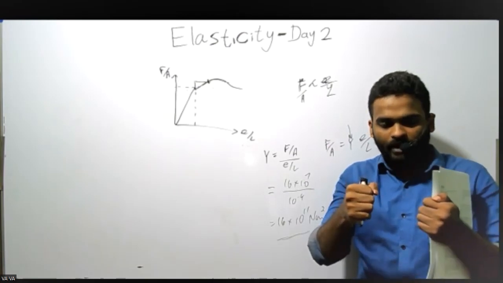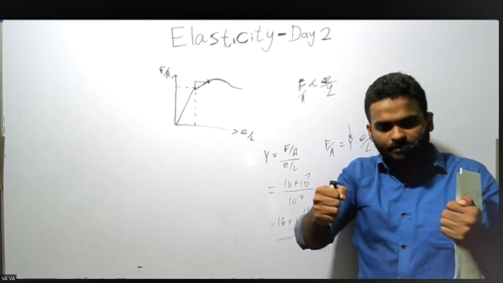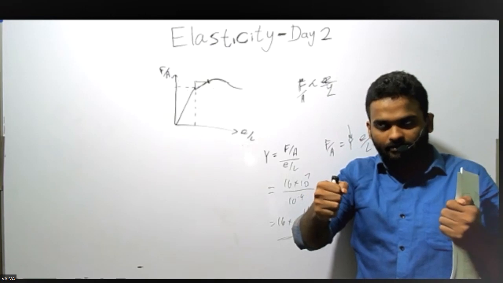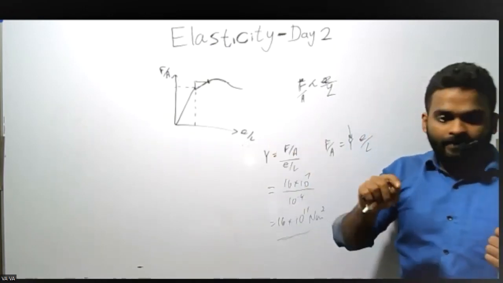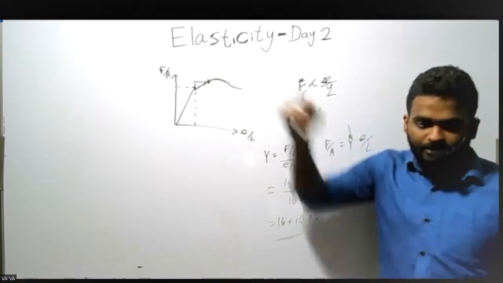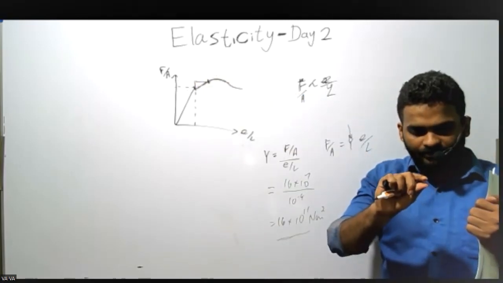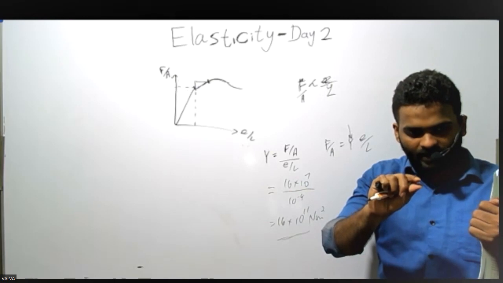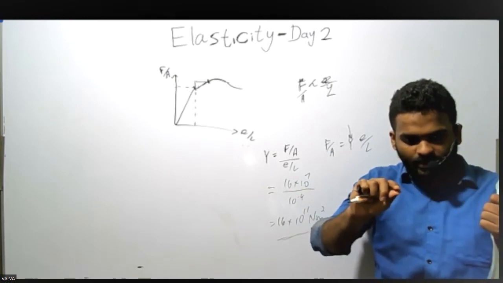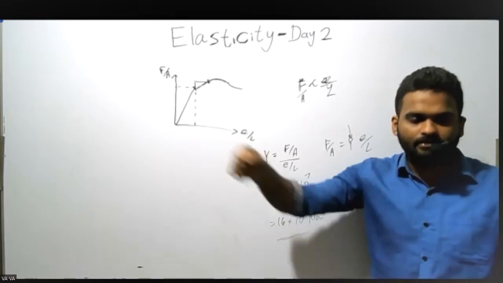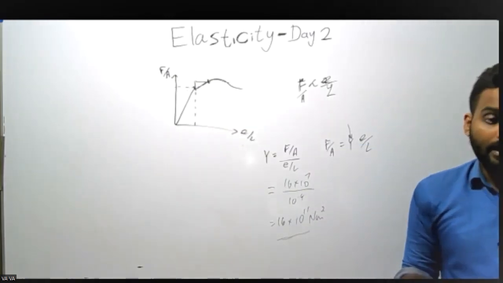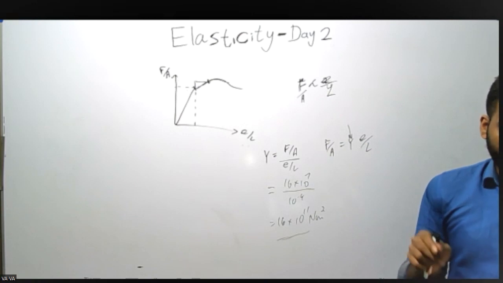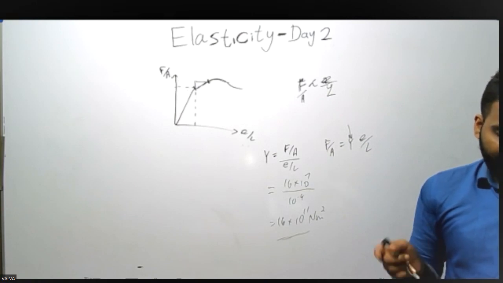Like when you have a wire and you keep extending it, once it reaches the proportional limit, the wire gets thinner and it is trying to break. After that, it is easy to extend. It is not hard, it is easy to extend after A.